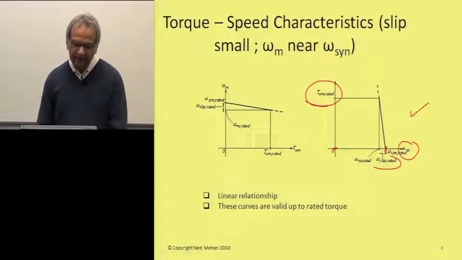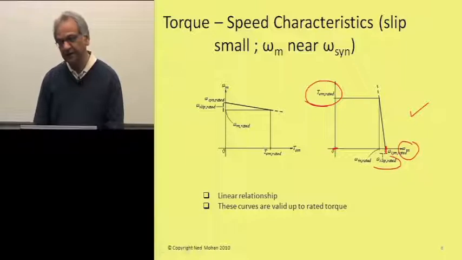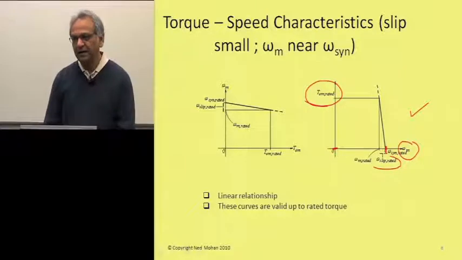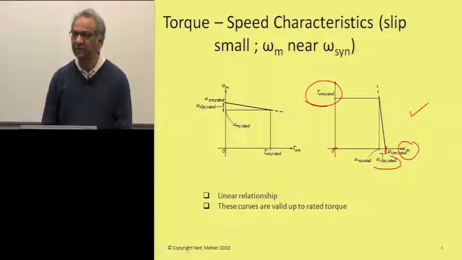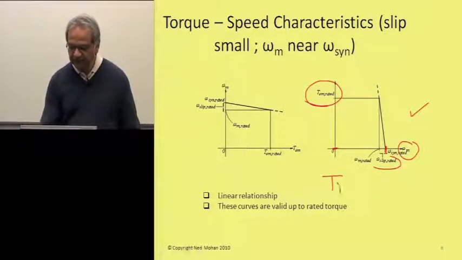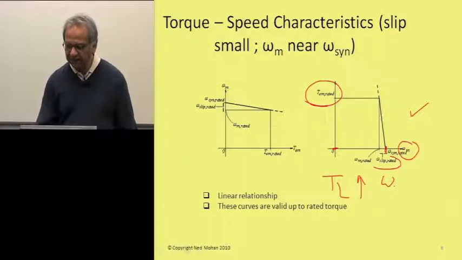Trying to recall how these induction machines operate: if they are running at a certain load and a certain slip speed, and the load torque increases, then the machine speed would come down.